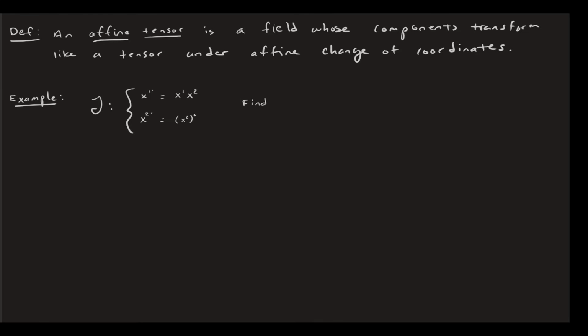Find A, the Jacobian matrix, and B, the Jacobian matrix inverse.